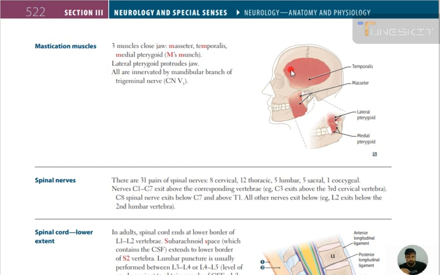This is the temporalis, which is above the temporal bone, and this is the masseter, which is above the jaw, and this is the medial pterygoid. There is also the lateral pterygoid, which protrudes the jaw. You can see if this muscle contracts, the jaw will move in this direction, so it will protrude the jaw.